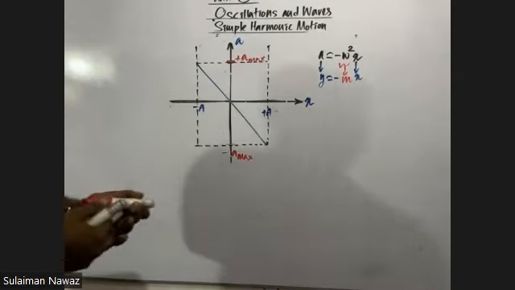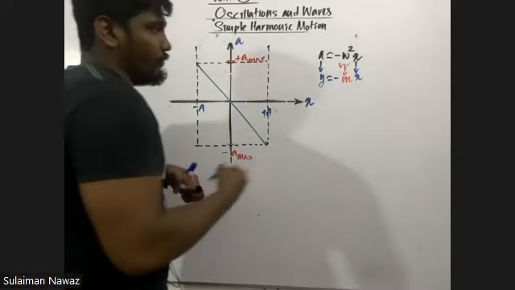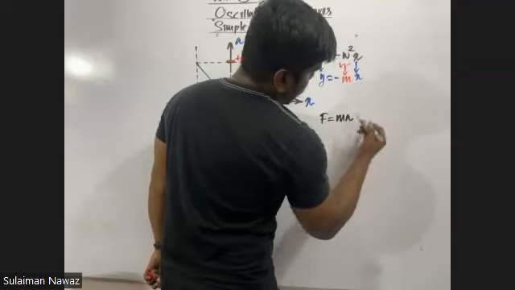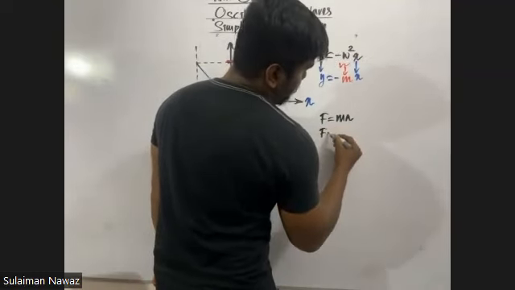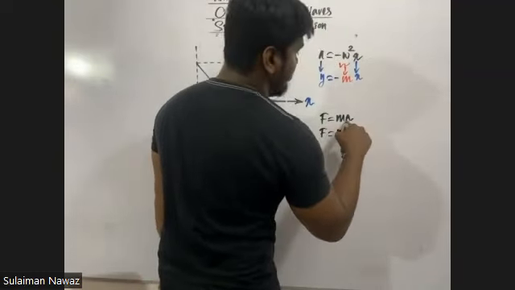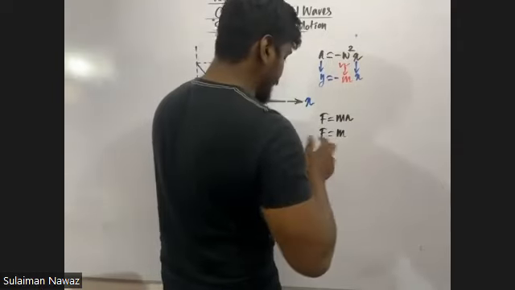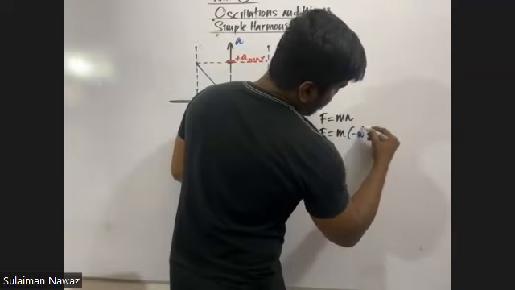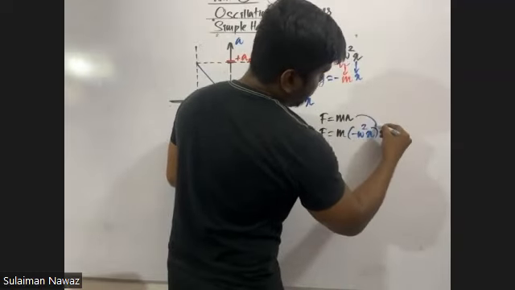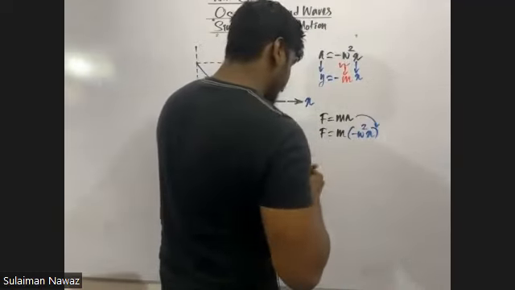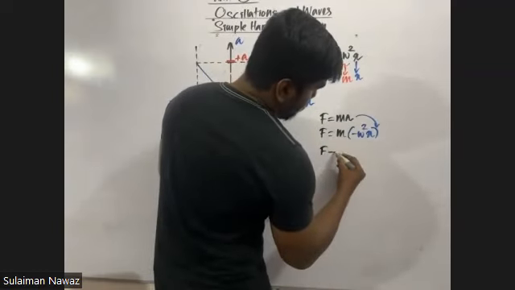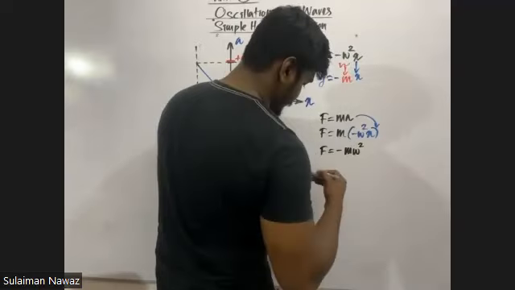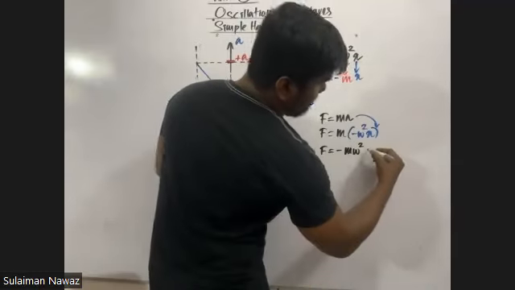When you apply F equals ma for the object moving in simple harmonic motion, look at it. F equals ma, where acceleration we know is minus omega squared x. Am I correct? Then I can write force equals minus m omega squared x.